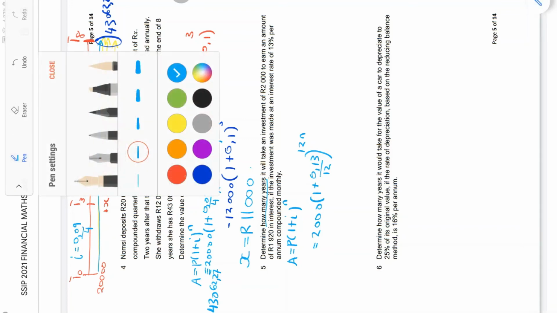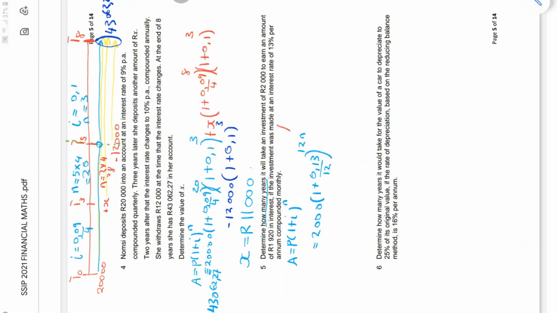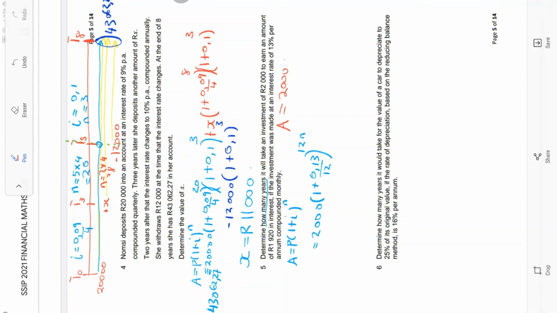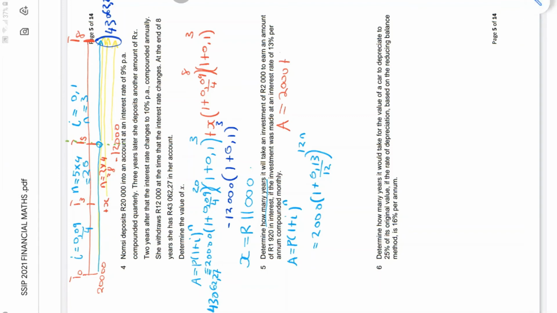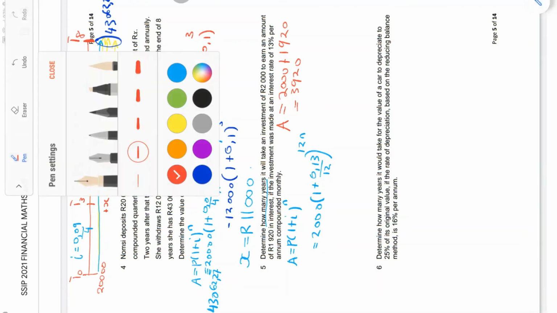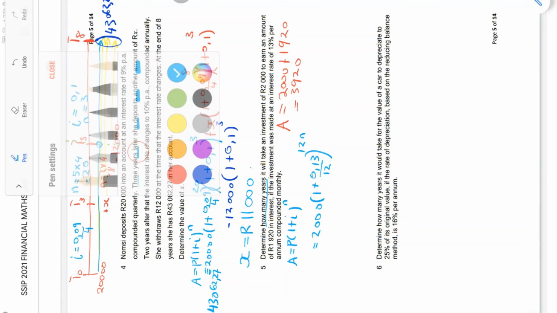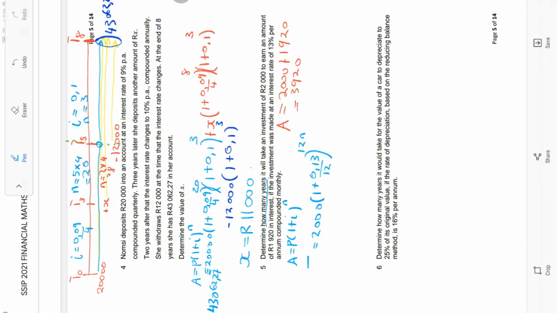According to the equation, the 2,000 and interest is an additional amount, so it's 2,000 plus the interest of 1,920, and that gives you 3,920, and that is our value of a. That's what you're supposed to substitute on the left hand side.